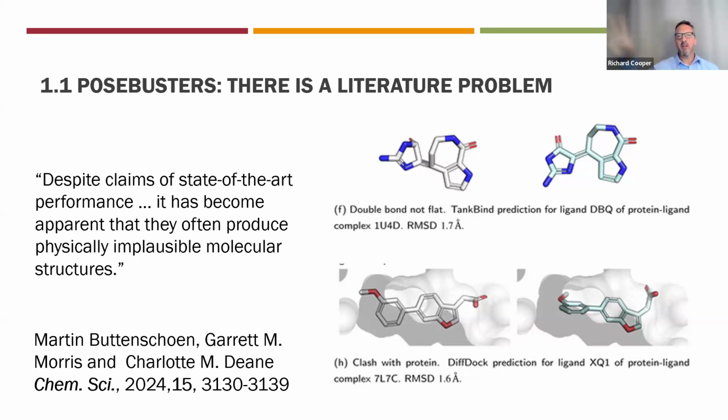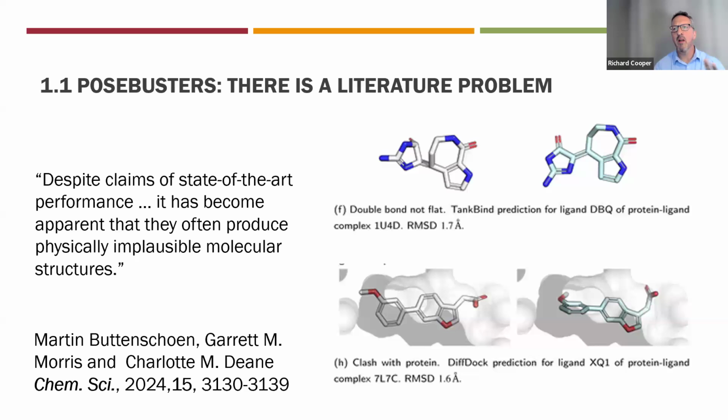You can see I've picked examples F and H and stuck them on a slide here from the paper. Here we have a double bond that's not flat. So there's a problem with the molecular geometry, and that can't possibly be the real docked pose because it would have too much strain energy.